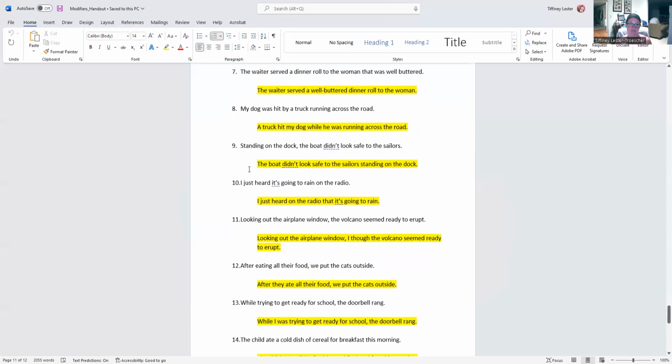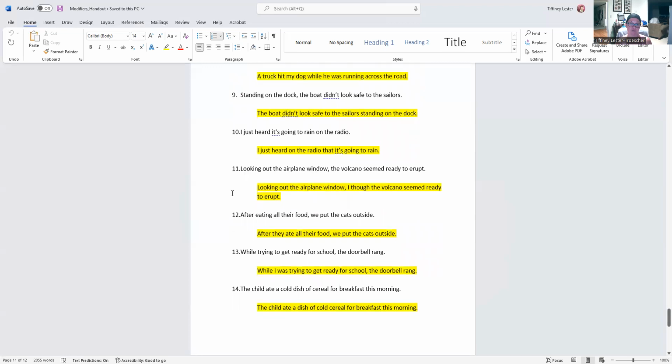Number 11. Looking out the airplane window, the volcano seemed ready to erupt. So what that sentence is telling me is that the volcano was looking out the airplane window and is ready to erupt. But we know only one of those is true.